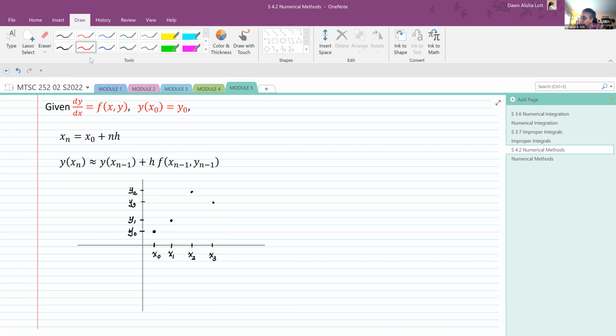And from this, we'll be able to get an idea of what the solution to our differential equation is in graphical form. So whatever this looks like, this becomes our solution y of x. This is the solution to the differential equation.